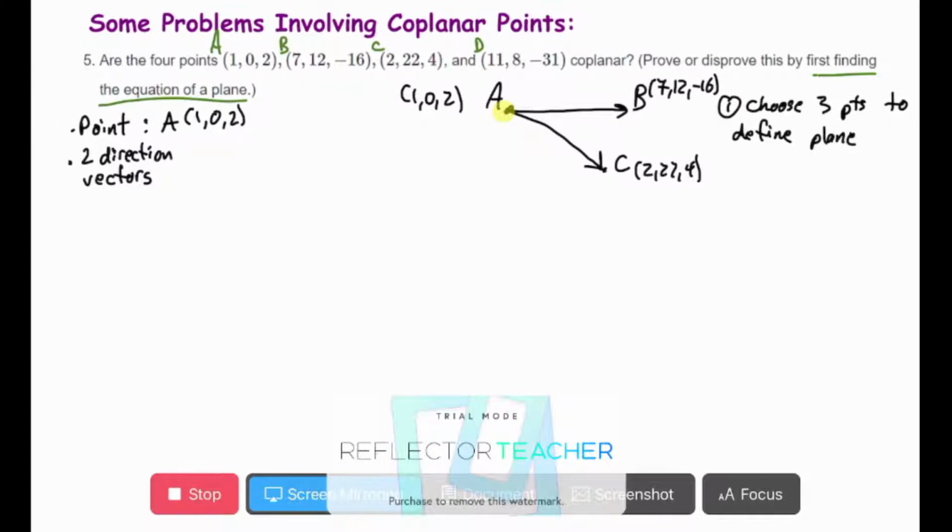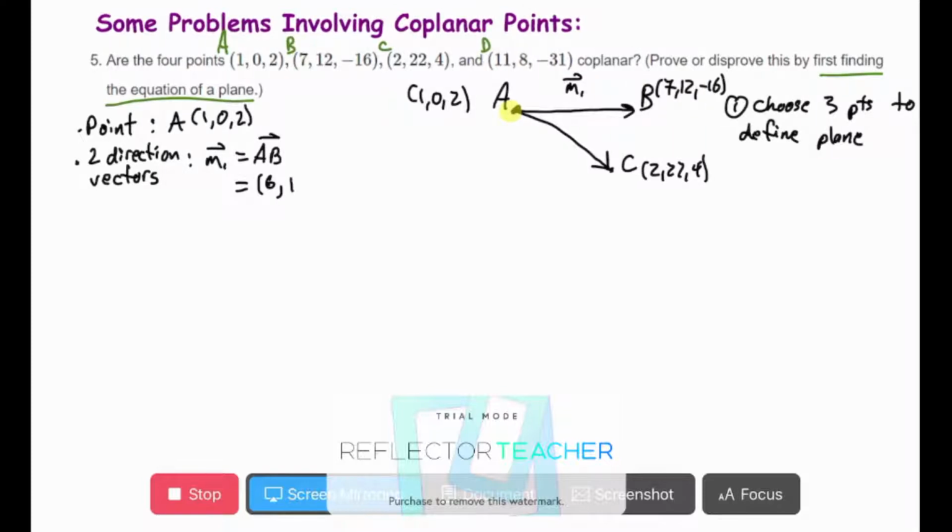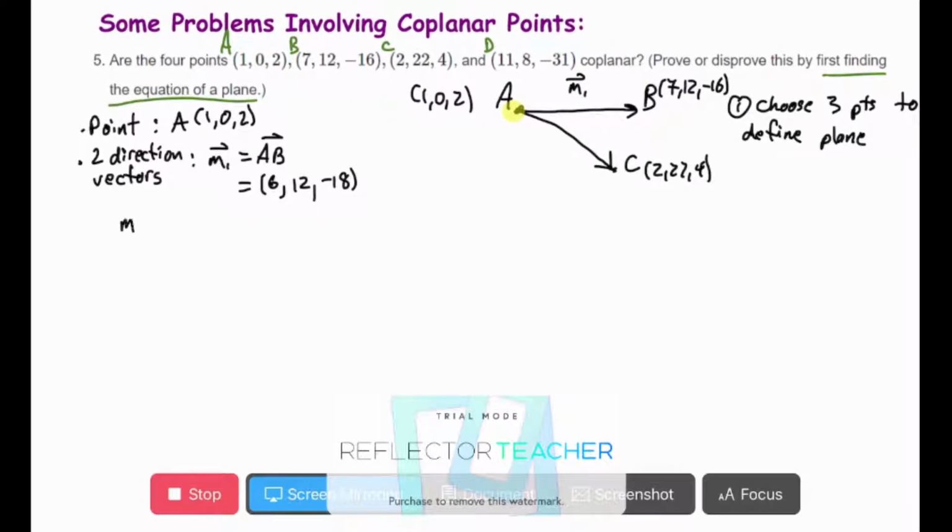For my direction vectors, m1 is going to be my vector AB. So remember, to find that, I'm just finding the difference between the x values, the y values, and the z values. So 7 minus 1 is 6, and 12 minus 0 is 12, and negative 16 minus 2 is negative 18. And my second direction vector, m2, is equal to my vector AC.